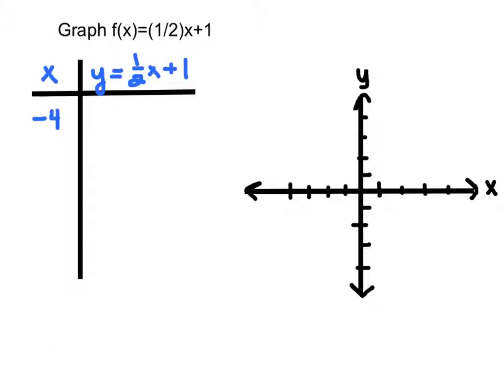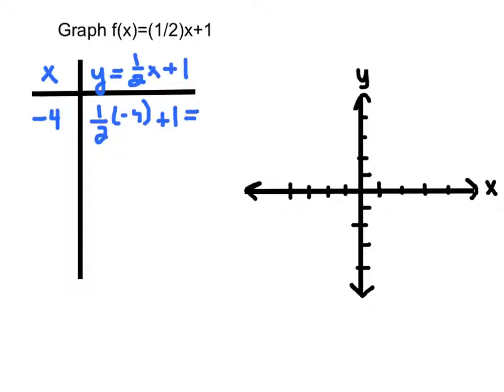When I let x be equal to -4, I'm going to be plugging that into the x coordinate. And so y is going to be equal to 1/2 times that -4 plus 1.